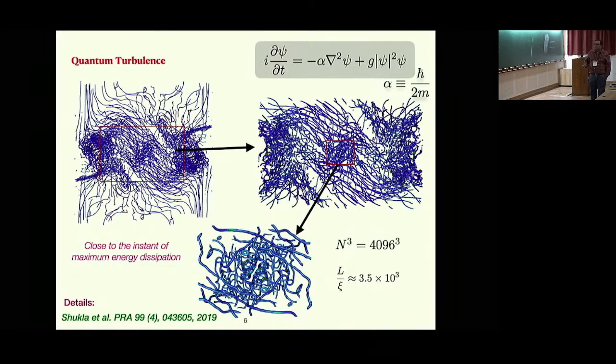So you see a jungle or a forest of vortices, and you can zoom in and see there are some regions where these come together and form large-scale bunching, and there is a heterogeneity. So you can have rings and so on. So this is a strongly turbulent phase.